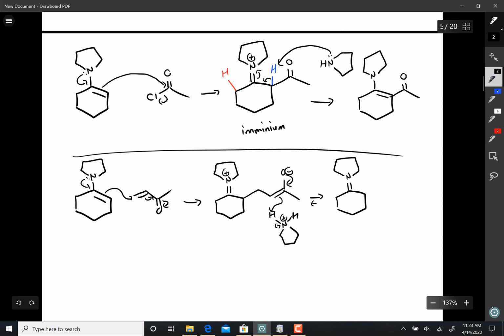You now have your aminium. Here, the blue hydrogen and the red hydrogen both have near equal acidity, as opposed to up above, where the blue hydrogen is much more acidic.